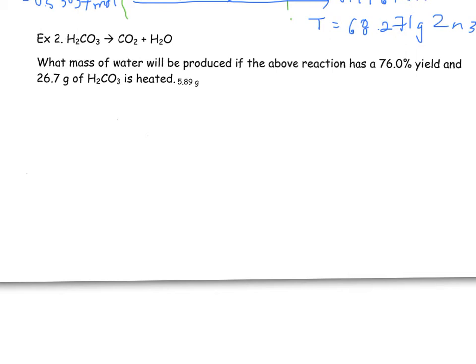Here's the answer to example 2. I'm going to start out by writing the balanced chemical equation and creating an organizational chart.